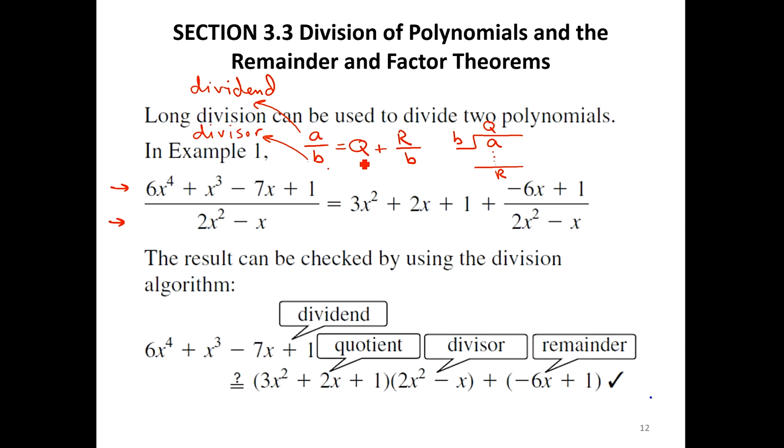This is the quotient, and the R is the remainder. Okay, these are the parts of division of polynomials.